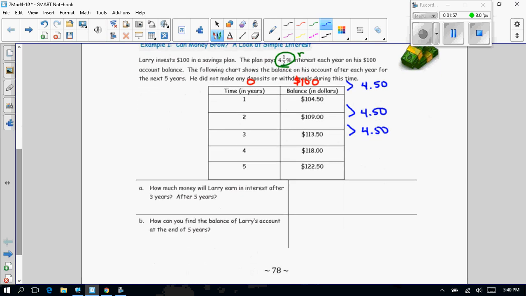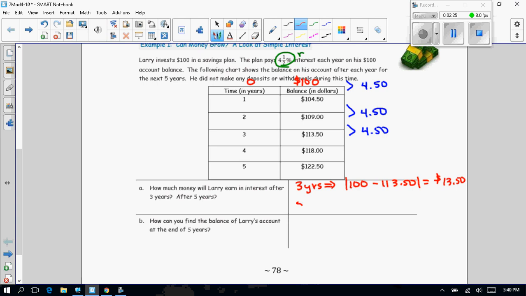It's quite lovely. So how much money will he earn in interest, right? Not his total balance, because this is the total balance in this chart, in 3 years. In 3 years, he will have had the $100 minus the $113.50, right? We're going to take the absolute value of that. And he has made $13.50 in 3 years, just to let it sit there, okay?